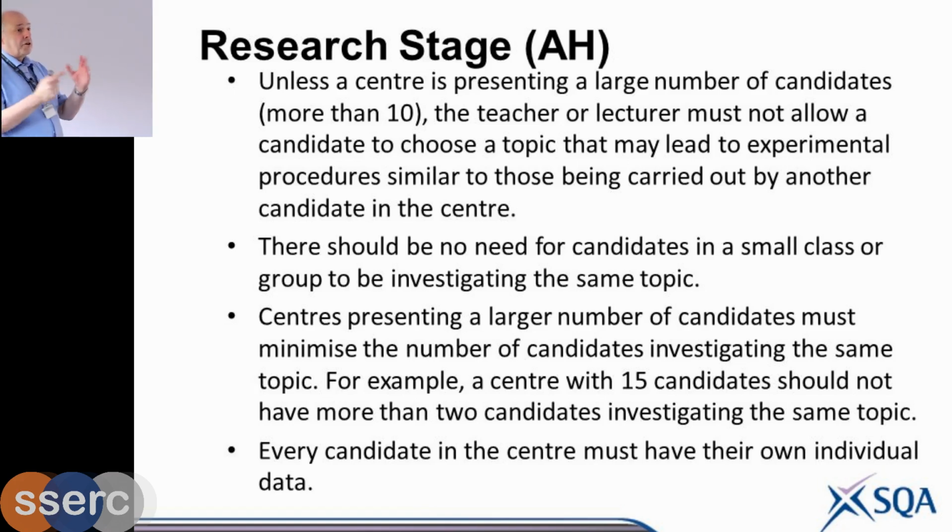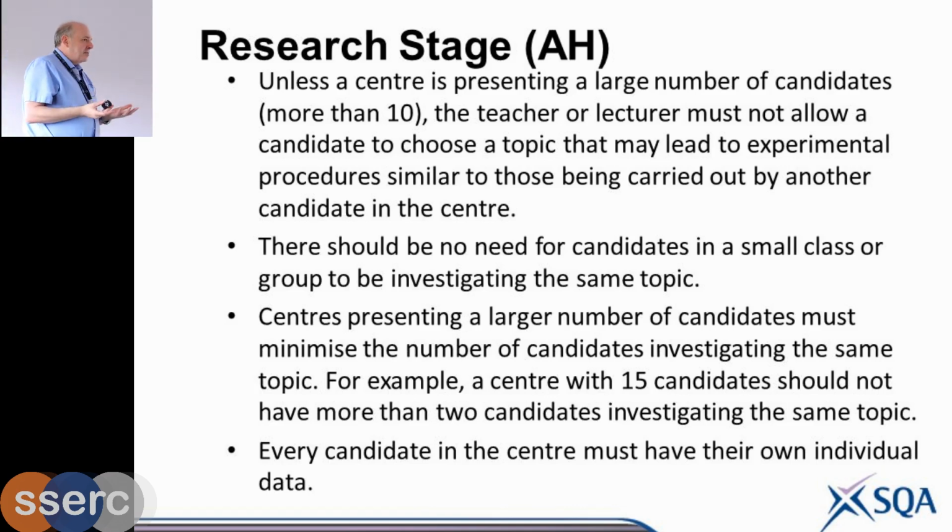So I can't go, right, I've got more than 10, therefore 8 will do G, and then one will do Young's modulus, one will do Mersenne, one will do this. You have to manage that process.